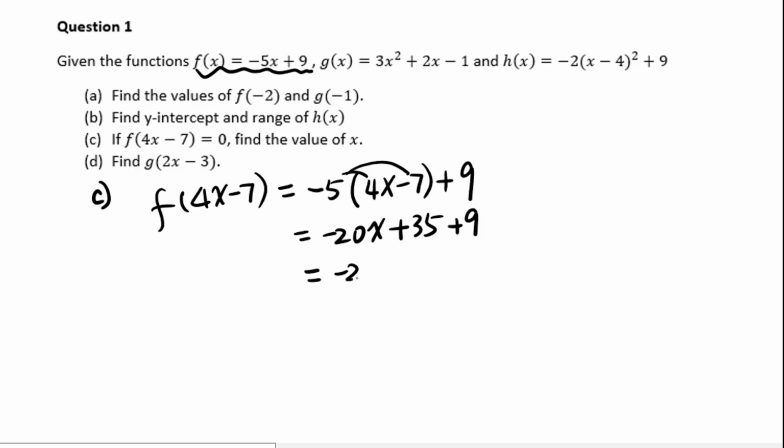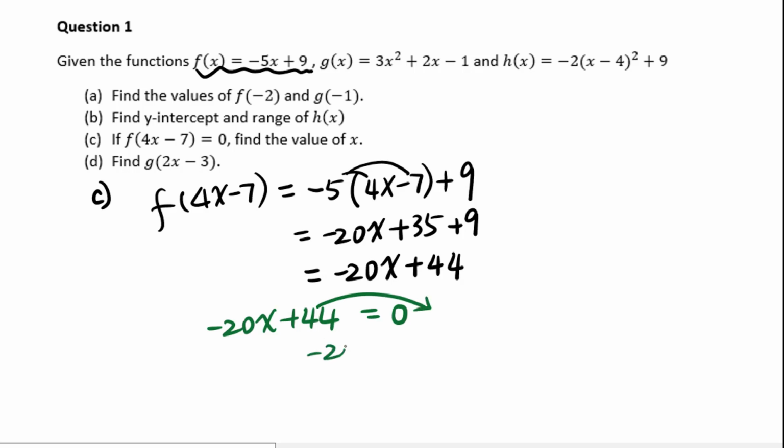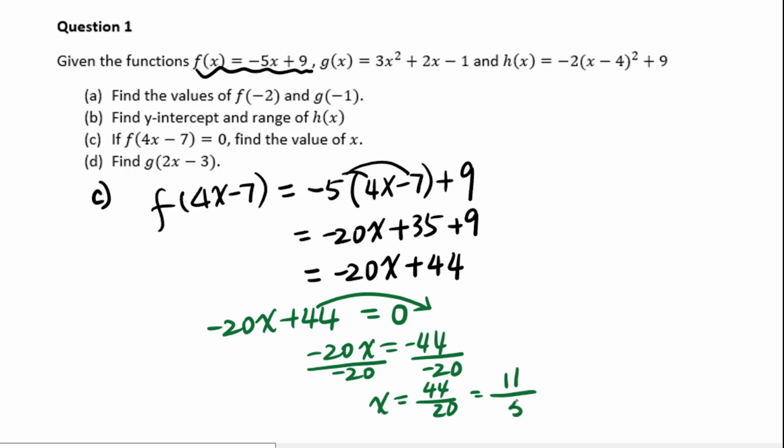Combine like terms, negative 20x plus 44. Then you will set up negative 20x plus 44 equals 0. Then solve this linear equation, minus 44 on both sides. Then divide by negative 20. X equals 44 over 20. Reduce. You will get 11 over 5.